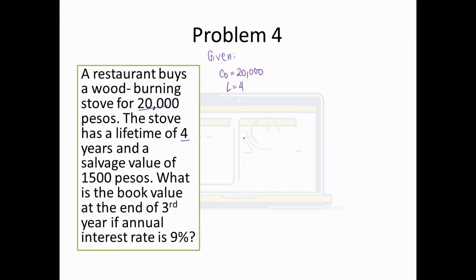And then the salvage value is 1,500 pesos. So that will be our C sub L, and C sub L is equal to 1,500. Then we have the annual interest rate na 9%, and at the end of third year means N is equal to 3. So I is 9% or 0.09 in decimal. Let's just underline the given from this problem so you can see.